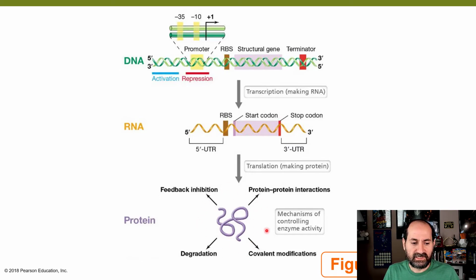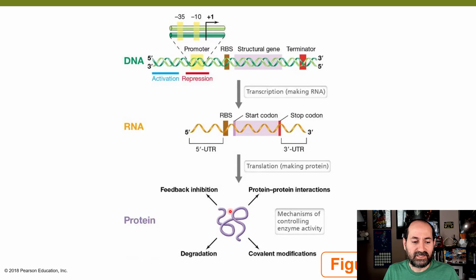And the protein can also be regulated. You could turn on a protein, you could turn off a protein. Usually you could turn on a protein by adding a phosphate group to the protein. You could turn off a protein by dephosphorylating the protein. This protein could be involved in many different processes.